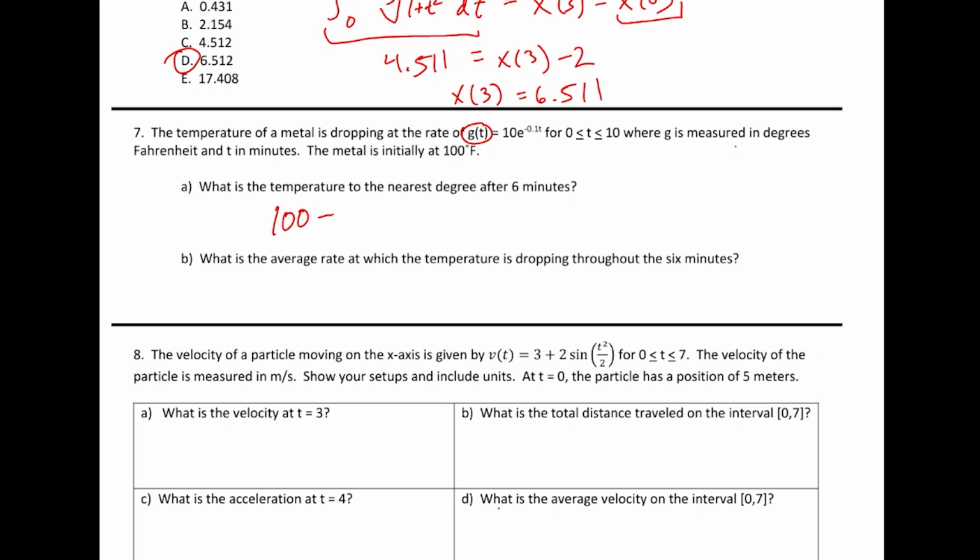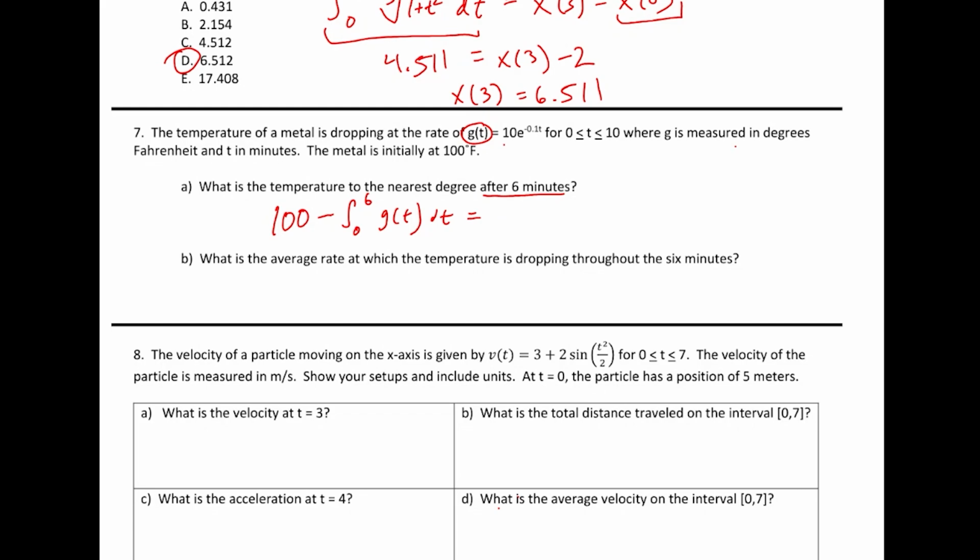So 100 minus the integral from 0 to 6, because we want to know what's the temperature after 6 minutes, of g of t dt. And this is going to be what we type in the calculator. Really, the only difference is for g of t, we're actually going to type in the 10 times e to the negative 0.1 t.